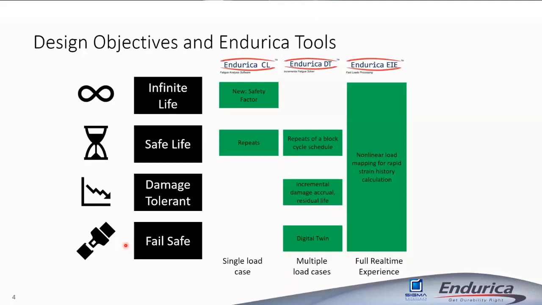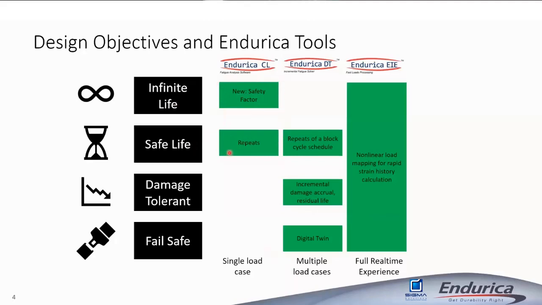And so all of these different types of problems are supported by our solvers. You can see here, I've made a little matrix that just indicates, right? For the first two levels, infinite life and safe life, that's really where Endurica CL would find application.